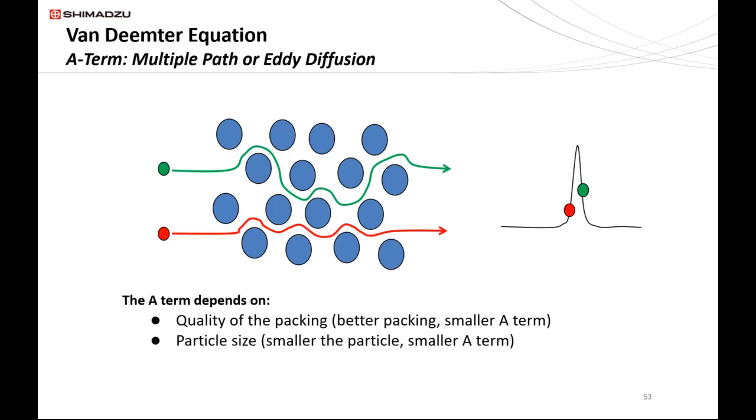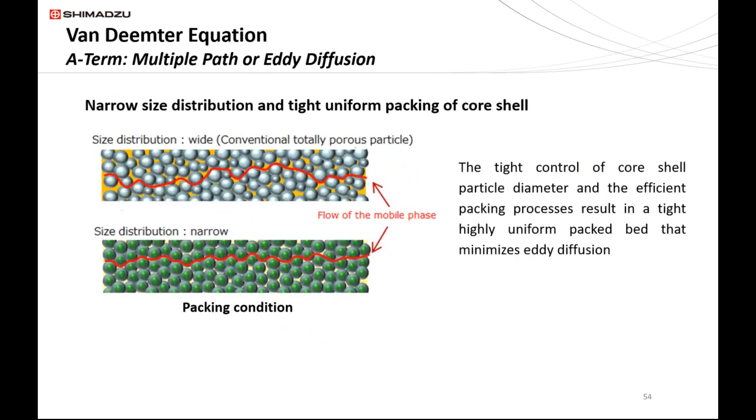The smaller the particle size, the more even the packing can be, so there will be less difference in the path that an analyte can take, which translates to a smaller A term. Unlike traditional fully porous particles, the core shell particle has a much tighter control of the particle diameter. So the column can be packed more uniformly, which, if you recall, is what causes the reduction in the A term.